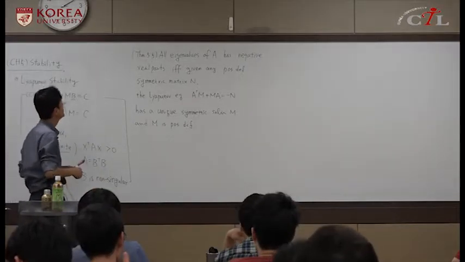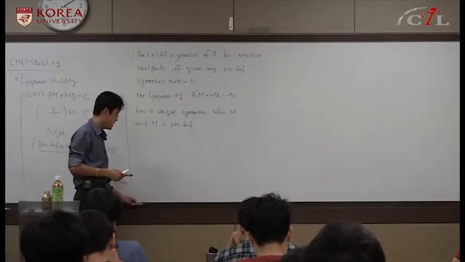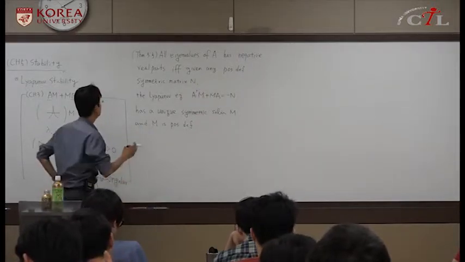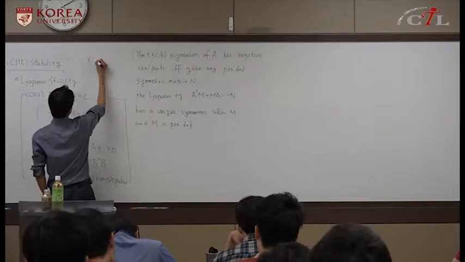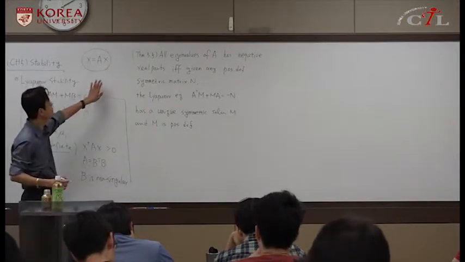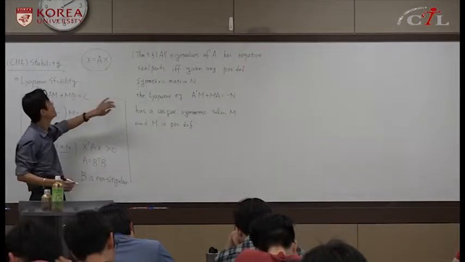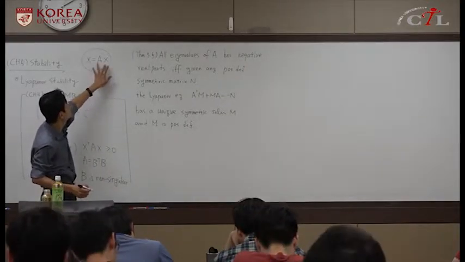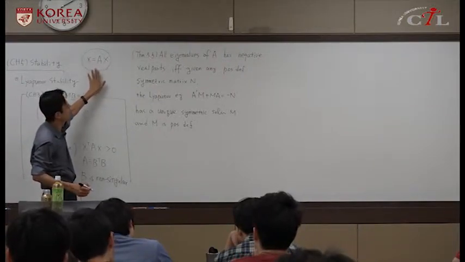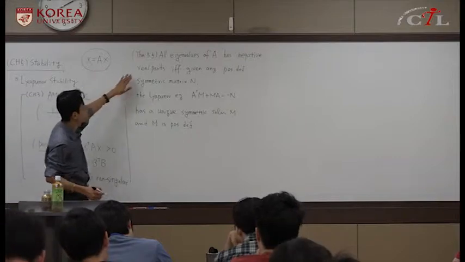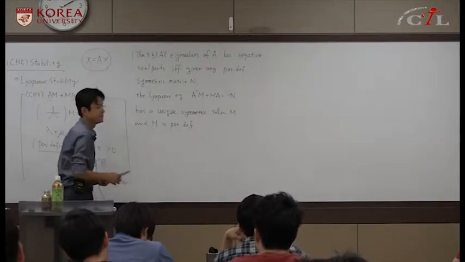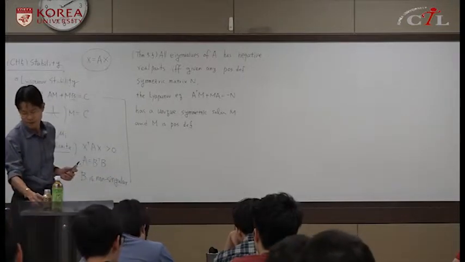Okay. This is about Lyapunov stability of matrix A. For example, if A is given like this, there is some initial condition and 0 input. Then whether the system will converge to 0, or whether the system response will be bounded or not, can be decided by checking this theorem.